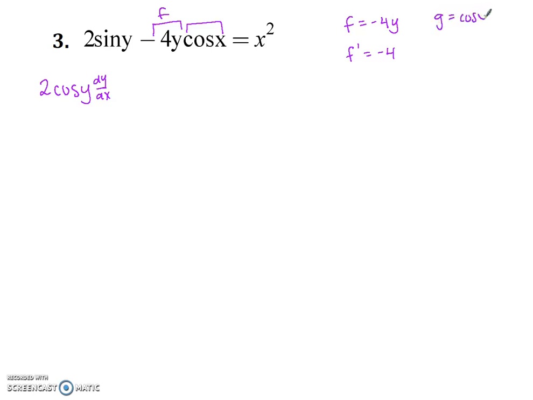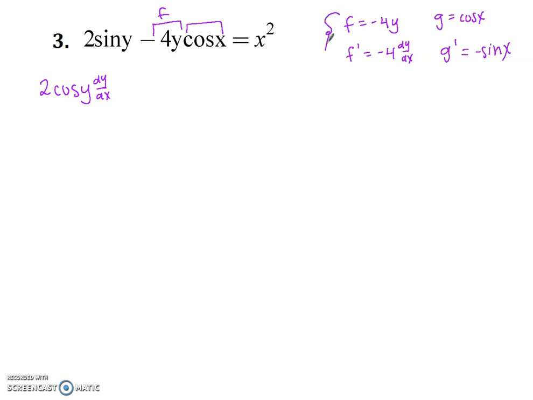G is going to be cosine of x, and sorry, I left the dy/dx off on this one. I took the derivative of a y right here, so I need to multiply it by a dy/dx for the derivative. And then g prime is going to be negative sine of x.